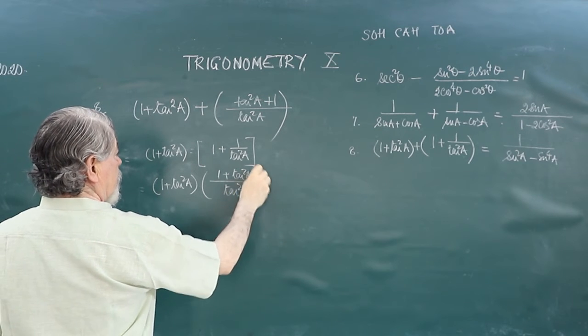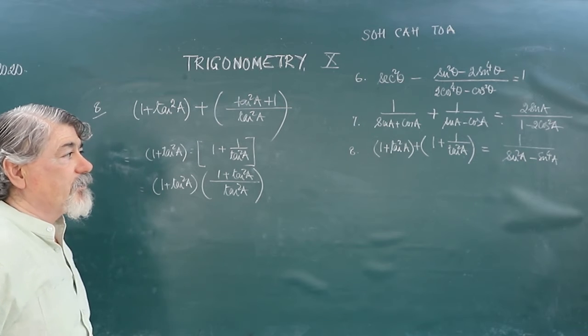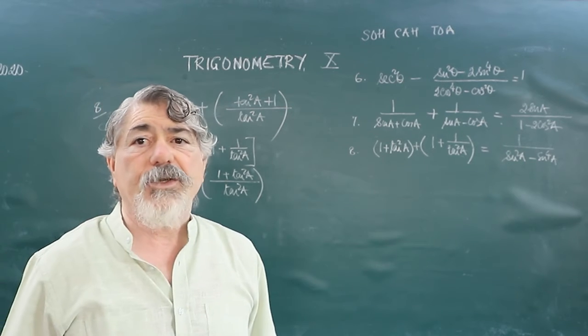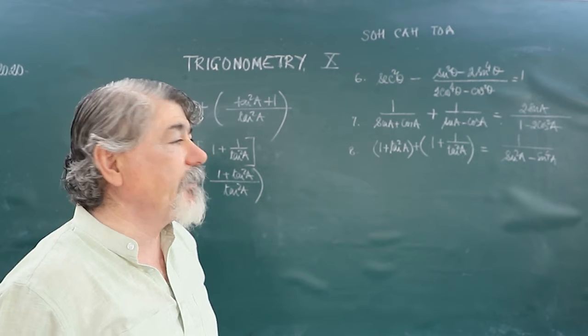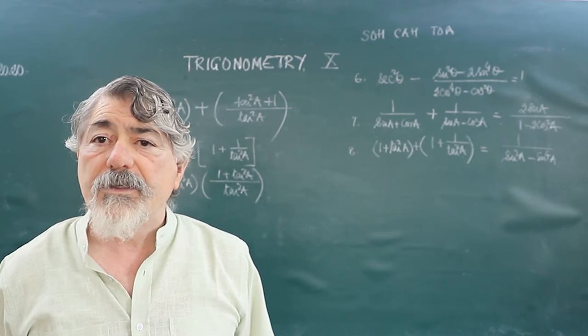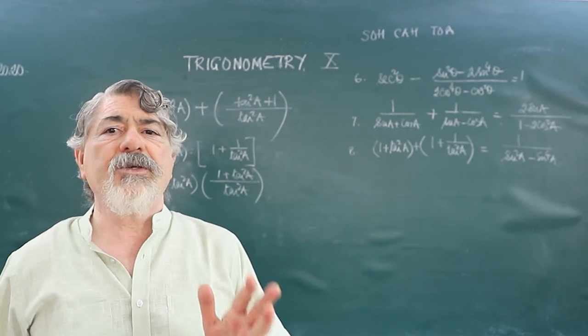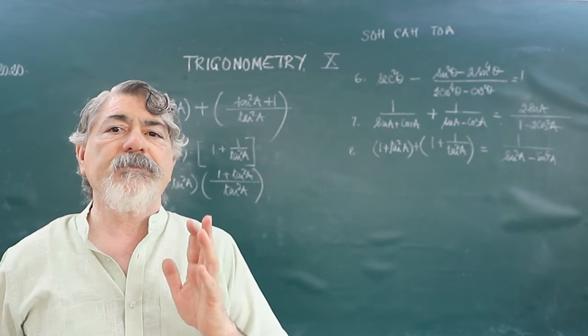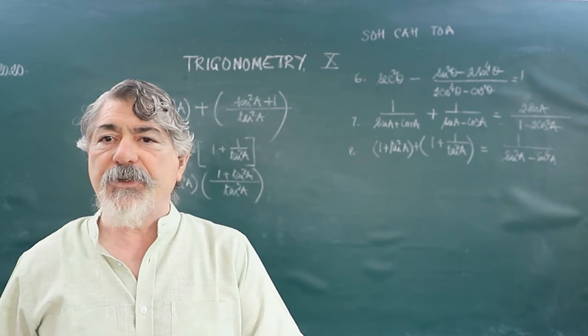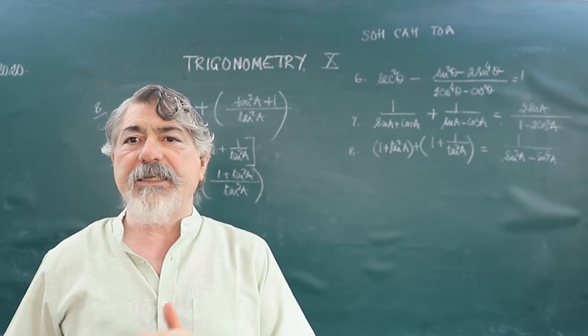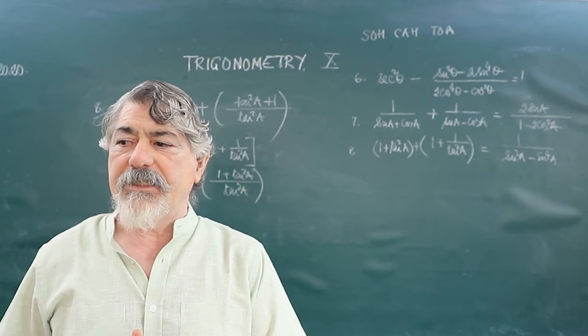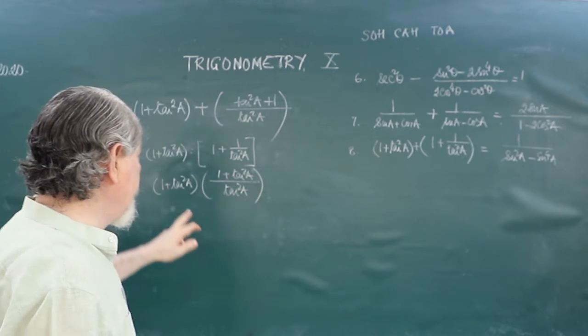Please see, your answer is in terms of sine. Your answer is 1 upon sine square A minus sine to the power 4 A. So what we are going to do is convert tan A as sine A upon cos A. Quotient relation, tan theta is sine theta upon cos theta. So let me convert this.